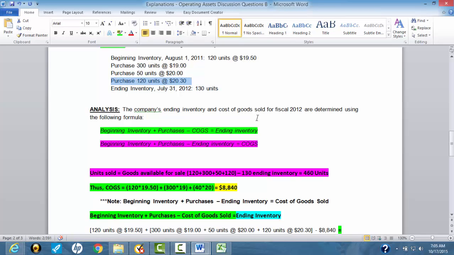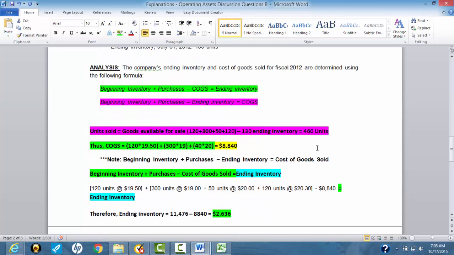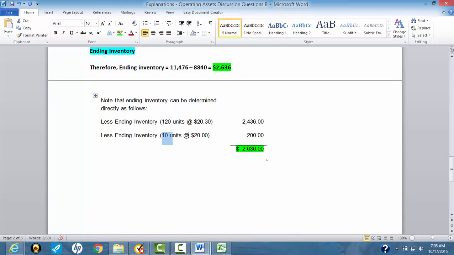So this is in ending inventory. We need 10 units from here. And the cost of that purchase was 20 each. So we'll have 10 at 20, we have 200. And the total value of the ending inventory, what is remaining, is 2,636.